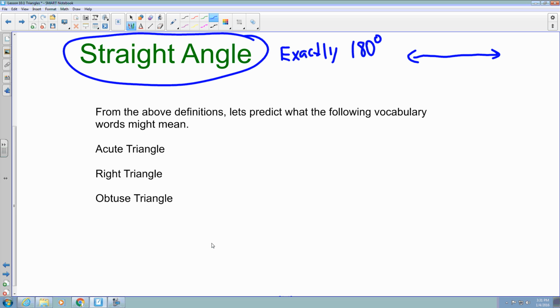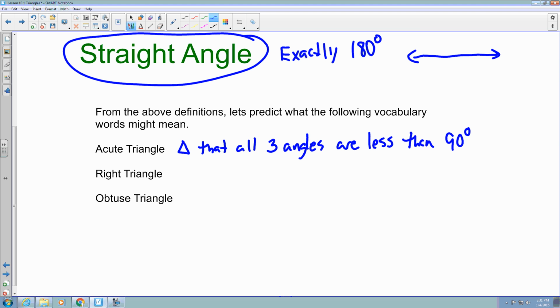So an acute triangle is a triangle where all three angles are less than 90. Each one of those angles would be less than 90 degrees.